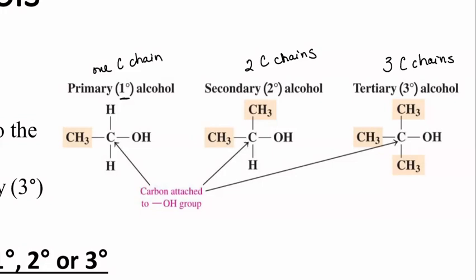Okay? And remember that in the previous chapter, we saw how primary alcohols can turn into aldehydes. Aldehydes can turn into carboxylic acids. Secondary alcohols can be converted to ketones, and ketones can be reduced back to secondary alcohol. So just keep this in mind.